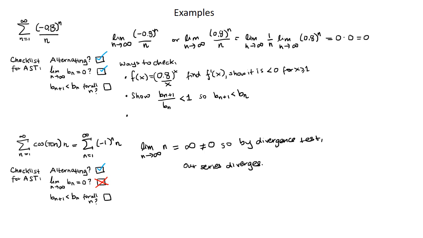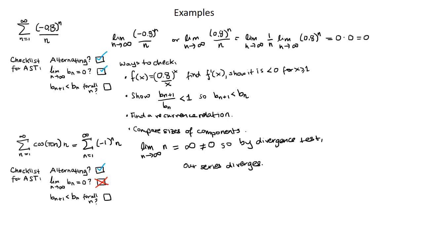We could find a recurrence relation that would express b n plus 1 in terms of b n. Or we can sort of compare sizes of pieces. I'll show you two of these ways.